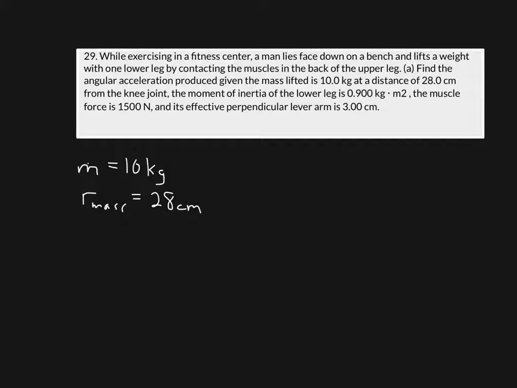The moment of inertia of my leg, I of the leg, they give us is 0.9 kilograms times meters squared. And the force that my leg needs to apply to actually keep this thing lifted up is equal to 1,500 newtons. And the radius of that force, we'll call that RF, has to be equal to 3 centimeters.